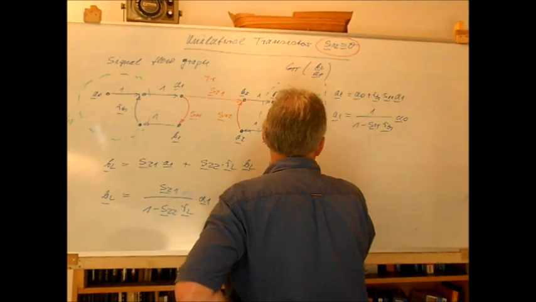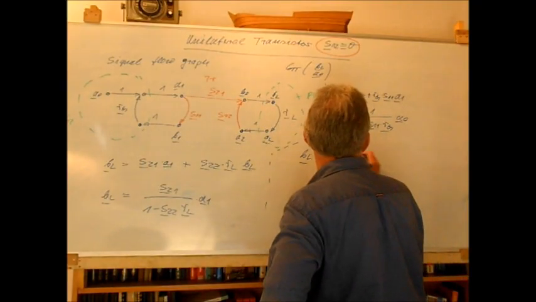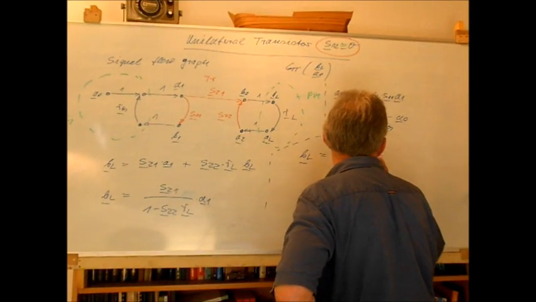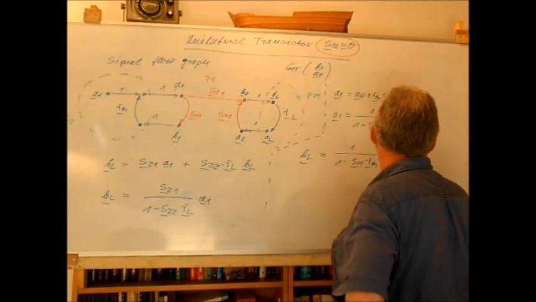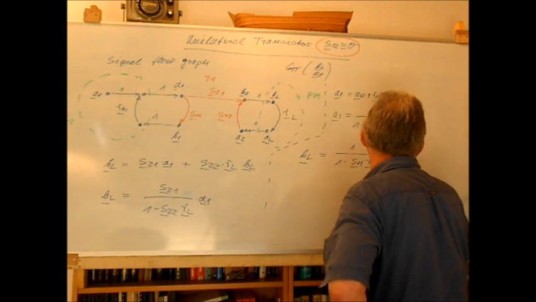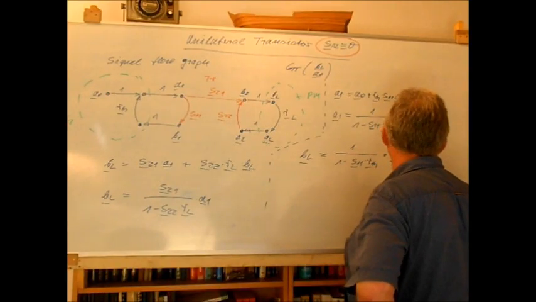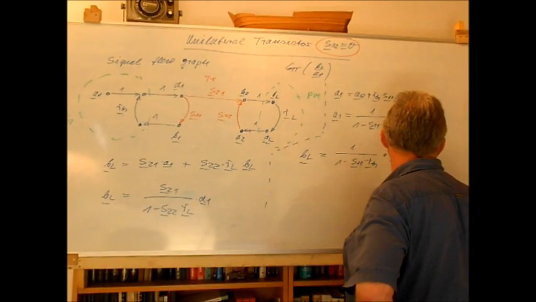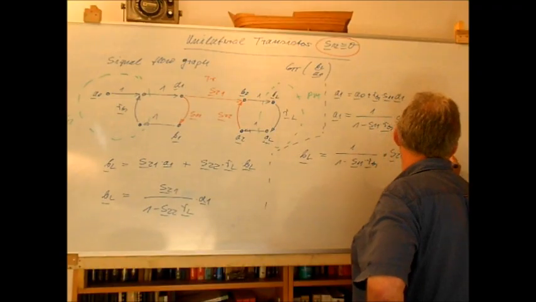I write it like this, BL will be, so perhaps I start first with this term. This is 1 over 1 minus S11 times RG times now this term S21 times now 1 over 1 minus S22 times RL times now A naught.